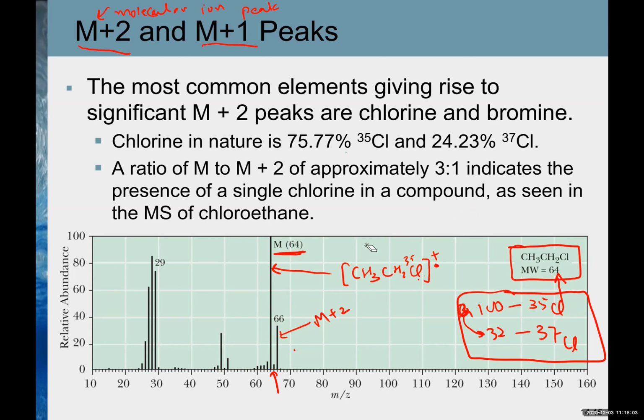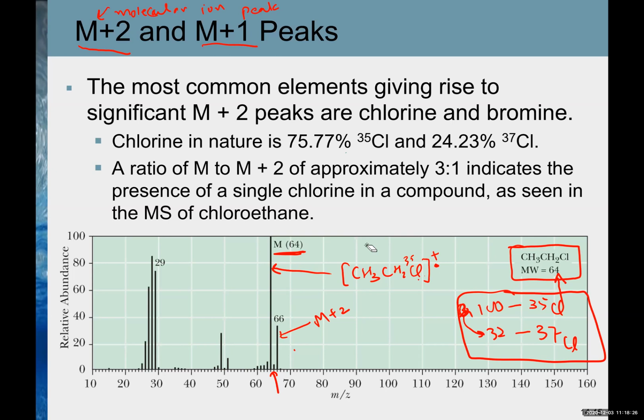This is 65. So what is that peak? Is it the same compound with the 36 chlorine? 36 chlorine does not exist. There are only two isotopes, one is 35, the other one is 37.